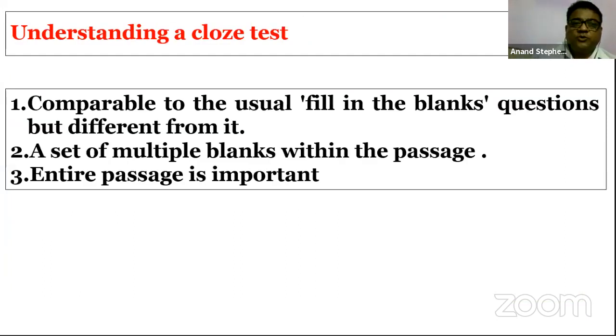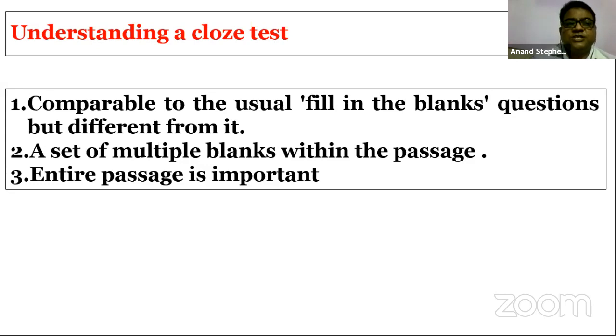As I have already told you, it is comparable to fill in the blanks questions as you have done in your schools. But it is slightly different from fill in the blanks, because in fill in the blanks you take into consideration only one sentence and you take out its meaning and fill the gap out of the given choices of words and phrases.